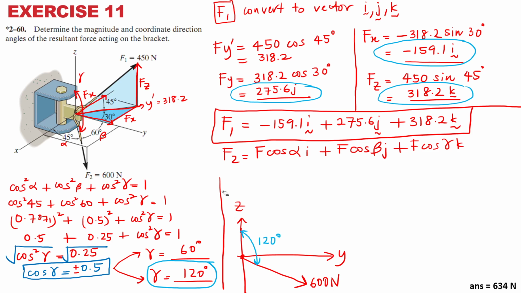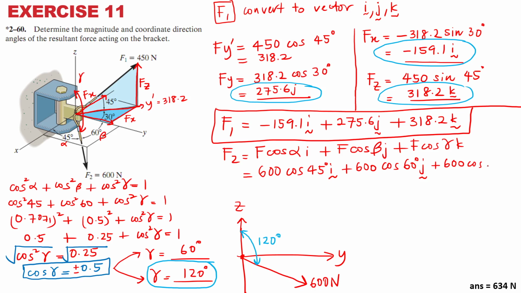Okay, so now let's plug in. 600 cos alpha. What is alpha? 45 degrees i. 600 cos 60 degrees j plus 600 cos 120 degrees k.